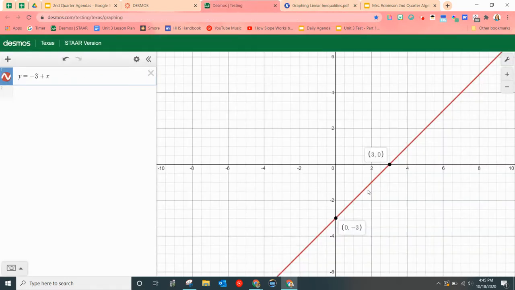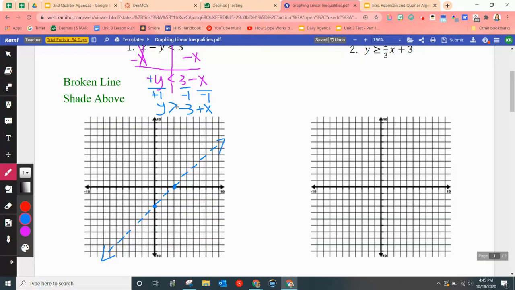Remember, we can't trust Desmos because it's always going to give us a solid line, because we put the equal sign in. So you can't trust that. When you go to graph it, make sure you look at your symbol and the notes you made. We need to graph this with a broken line. Now we need to shade above this line right here. That's what we said, because it's greater than, we're going to shade above. So we're actually going to shade all of this here.